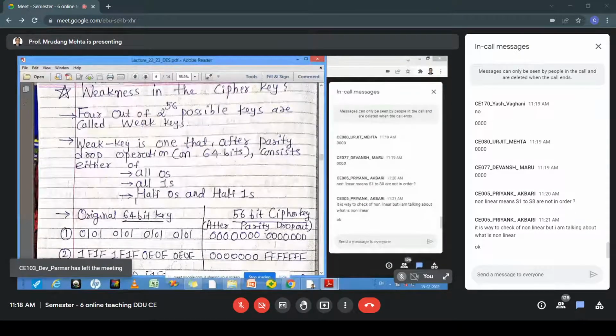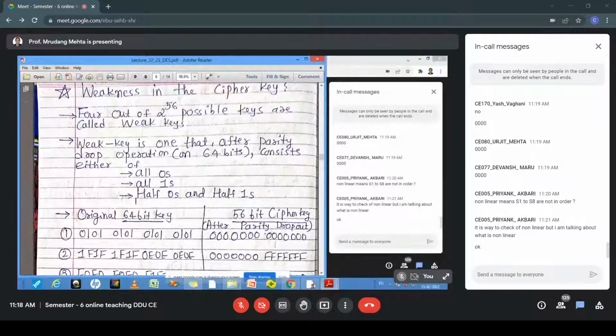So the weakness is 4 out of 2 raised to 56. Now we have a key length of 56 bits, so we have 2 raised to 56 possible keys. Okay. And 4 out of 2 raised to 56 keys are called weak keys. Why weak keys?